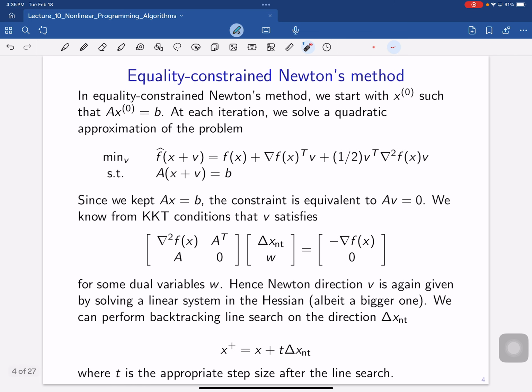Now, there is also another method to solve this problem. What if you don't want to express x in terms of the null space and so forth? We can also borrow the idea from Newton's method, right? Recall, the idea of Newton's method is doing a second order Taylor series expansion of the function f of x, and then you optimize over that quadratic approximation.